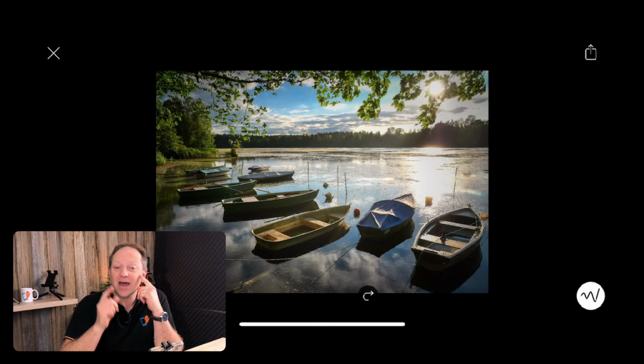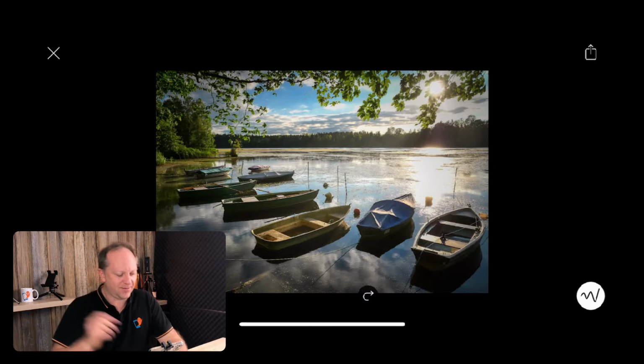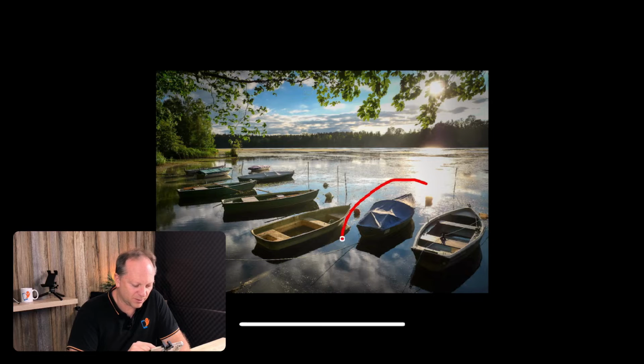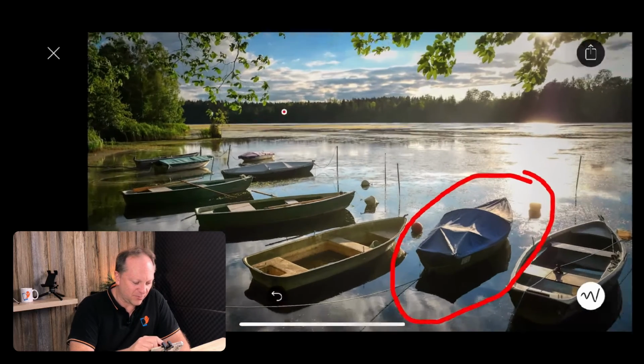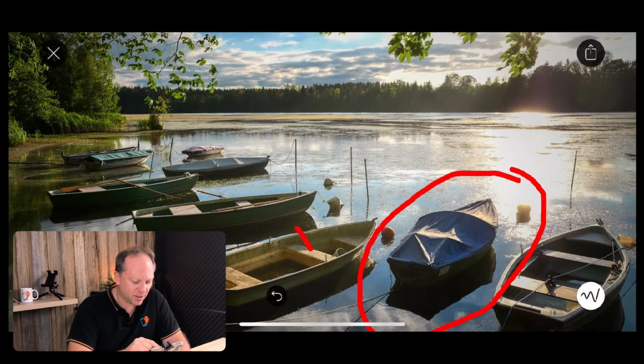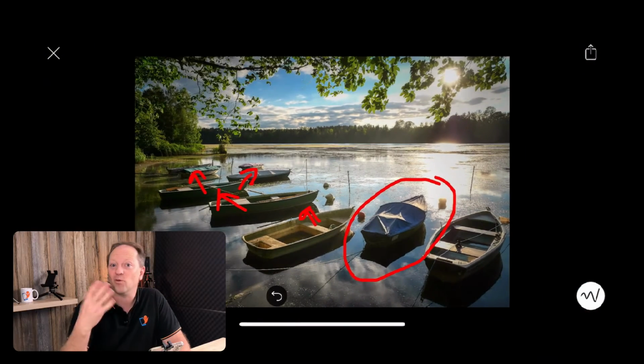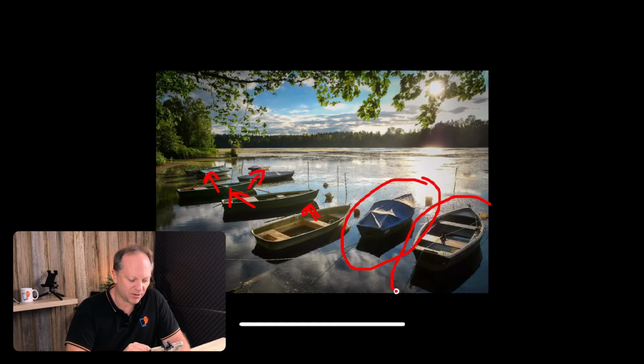Now you can see here, we do have some isolation within that. With this boat here, I love this blue boat. This one really works for me because it's isolated. There's no merging of areas. Like here, if we look over here, these ones kind of overlap, they merge. They all touch each other, they all merge, becoming one chunk, one element, whereas these two boats over here are isolated.